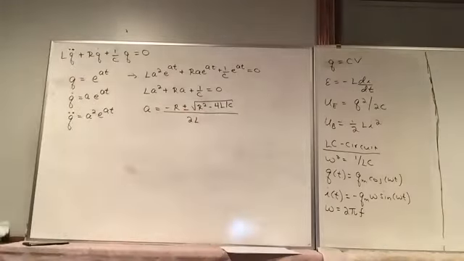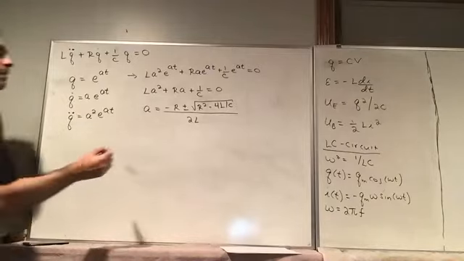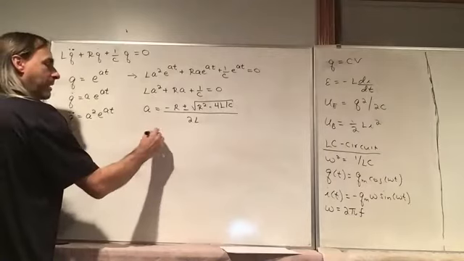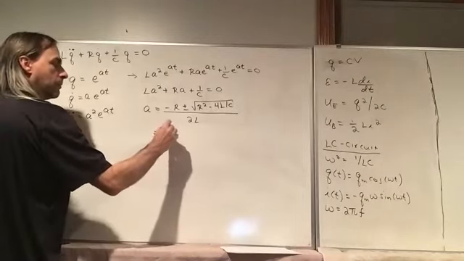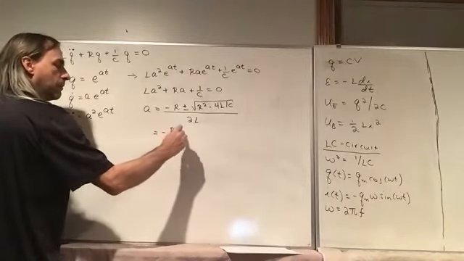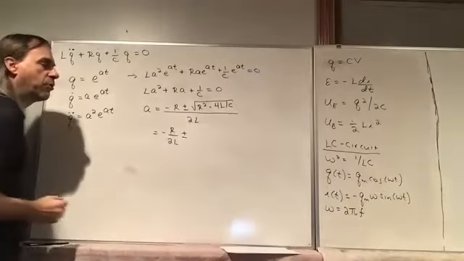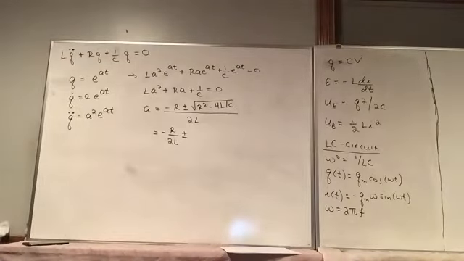So again, you can just look up the quadratic equation. And I just want to play around with this a little bit. I think I'll wind up erasing it later. Let's put this 2L under the square root.